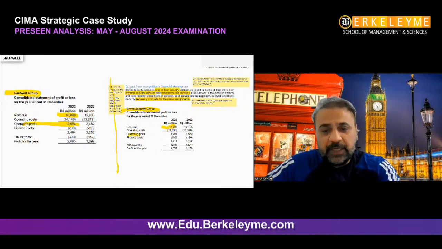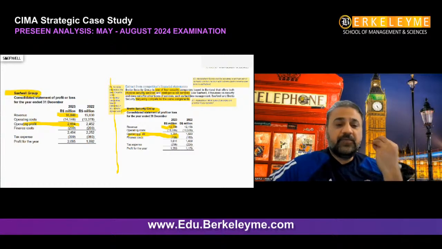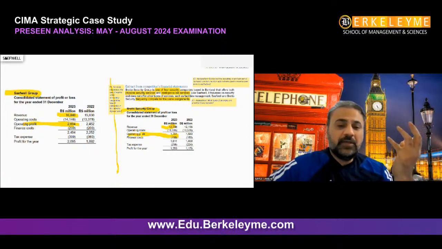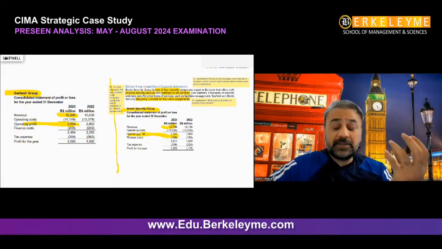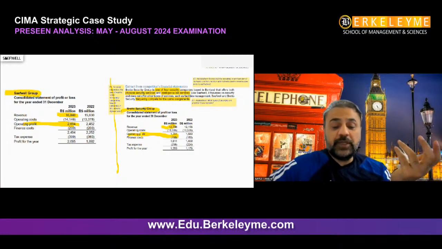They also have operating profit. If we were in the operational case study, we might calculate gross profit ratios. But because it is the strategic case study, we are not looking at the profitability side. We're looking more into amortization, asset revaluation, impairments, business valuations, dividends, share prices.